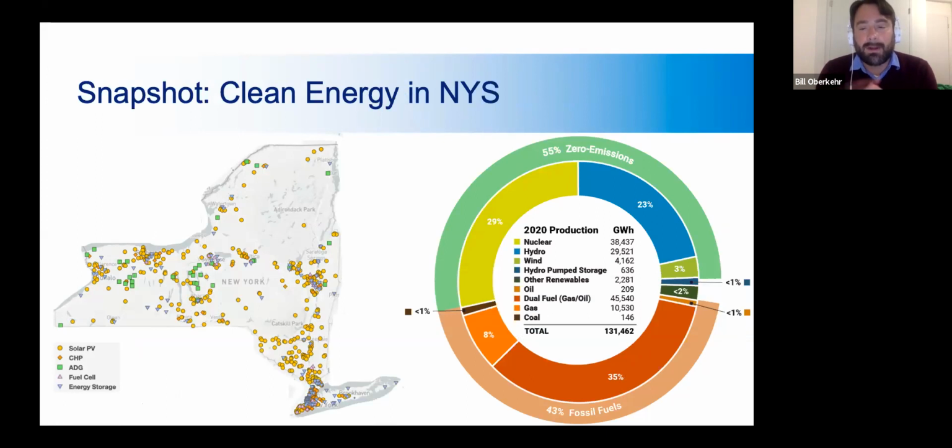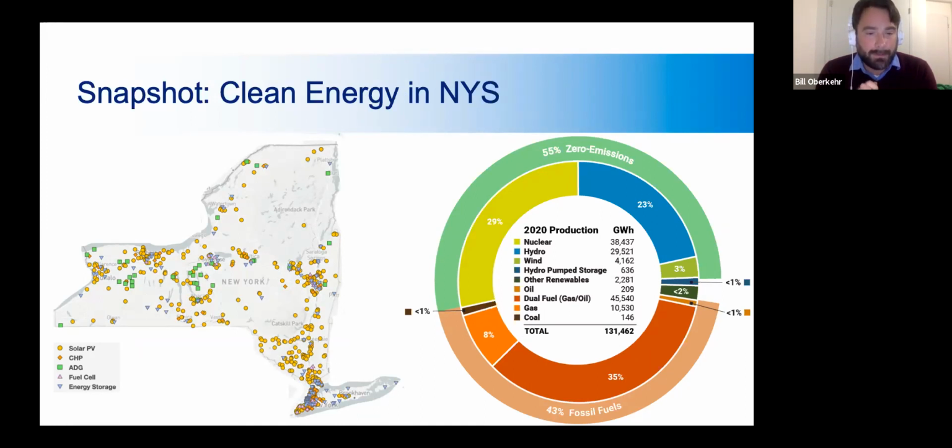Here we have another snapshot of our energy mix. This is current or more current than 2017. So you can see statewide we're at 55% zero emissions and 43% fossil fuels. So doing increasingly better year over year, which is what we want to see.